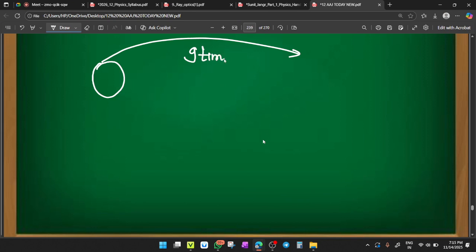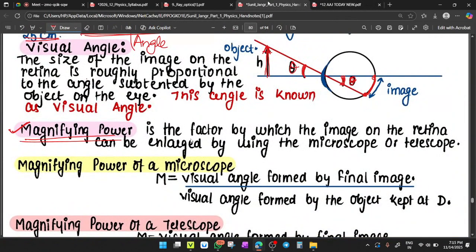Like using a telescope, you have an object like this. This is some planet or anything. And using the microscope, you make it 9 times larger. Clear or not clear? So your magnifying power, small m, is equal to 9.